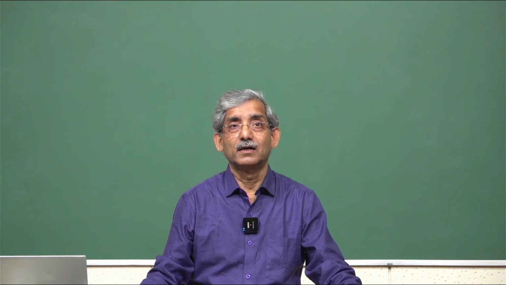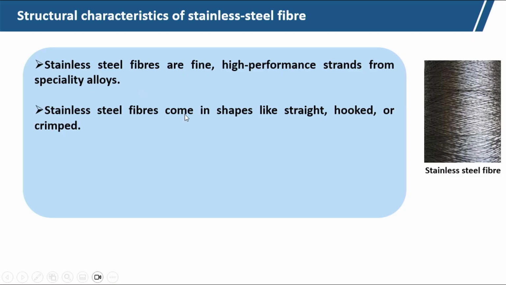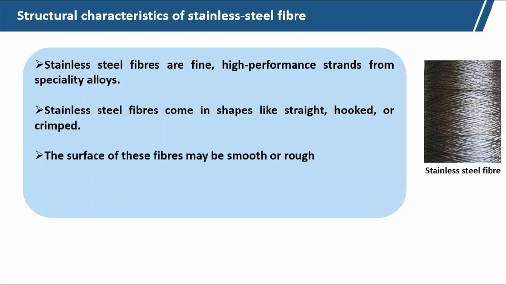The stainless steel fibers come in the shape of straight, hooked or crimped form. So, we can create stainless steel fibers in different forms, and for spinning we typically require a little bit crimped fiber, that is blended with other fibers like viscose or polyester.